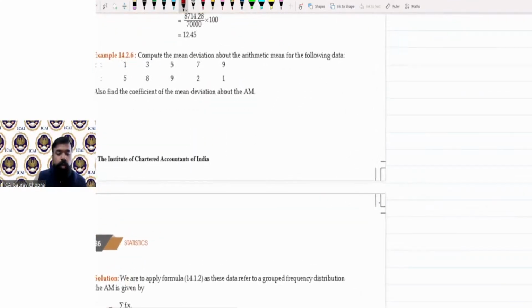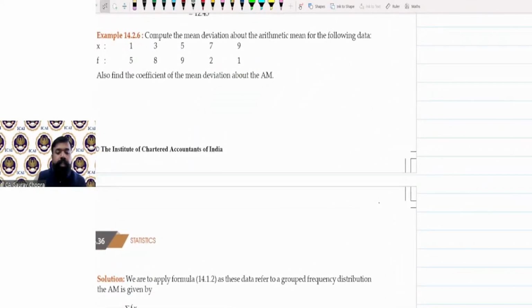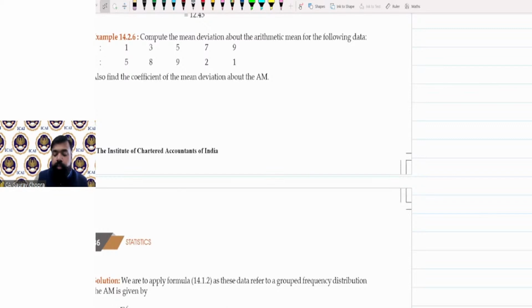Now comes discrete and continuous series. In case of discrete and continuous series, we have to insert frequency in the formula. The formula will change a bit. The formula will become mean deviation is equal to sigma f mod x minus x bar upon n.